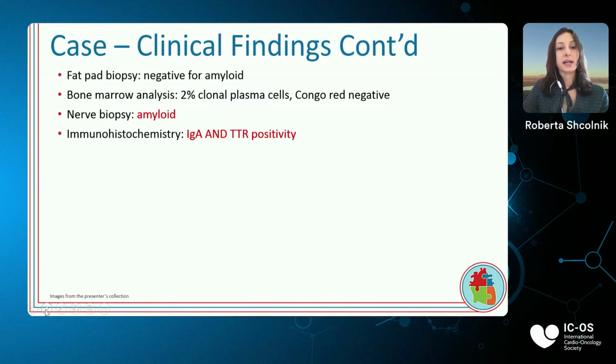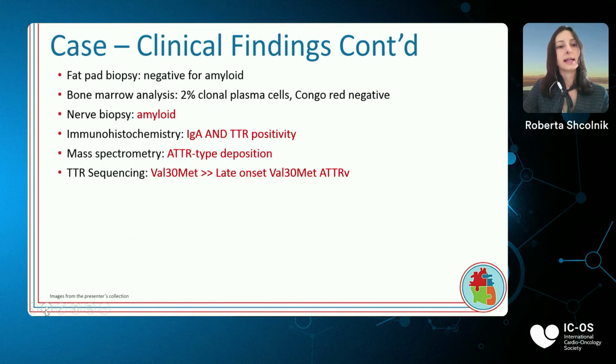Immunohistochemistry showed positivity for both IgA and TTR, and mass spectrometry finally showed us an ATTR type deposition, and the TTR sequencing for mutations showed a V30M, Val30Met mutation, leading us to the conclusion of a late-onset V30M ATTR variant, hereditary ATTR.